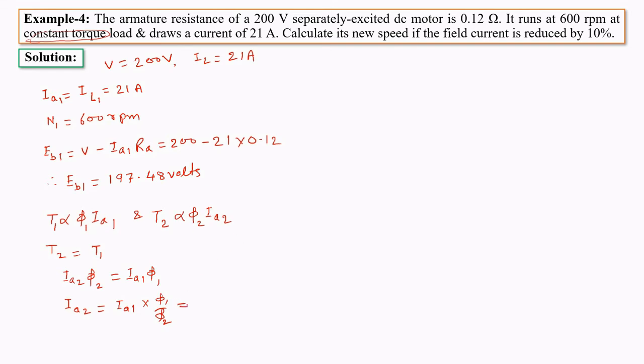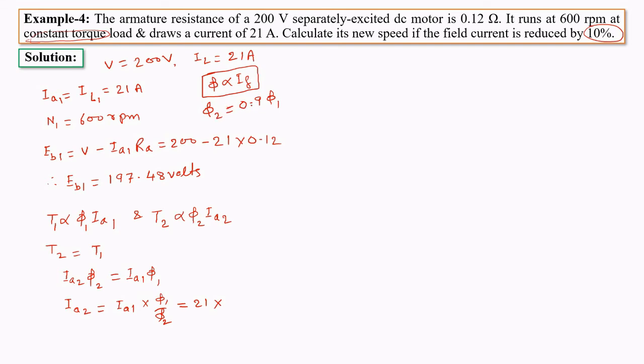The initial armature current is 21, and here it is given that the field current is reduced by 10%. Remember one thing, in case of a separately excited DC motor, the flux is proportional to field current. So if the field current is reduced by 10%, that means the flux will also reduce by 10%. Therefore, phi 2 will be equal to 0.9 of phi 1, because the final flux will be 10% less than the initial flux.